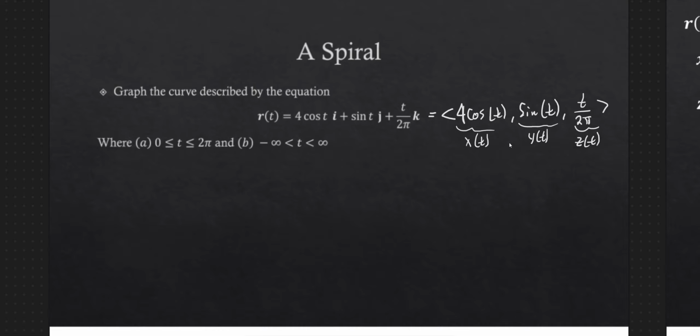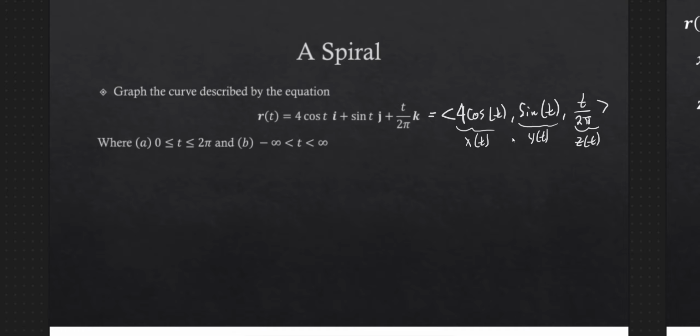What I notice between the x and the y components is I have a cosine in the x and a sine in the y. So if I square x and square y and add them together, I'm going to get something that resembles a circle or an ellipse. I know cosine squared plus sine squared gives me 1, and I'll be able to recognize that.